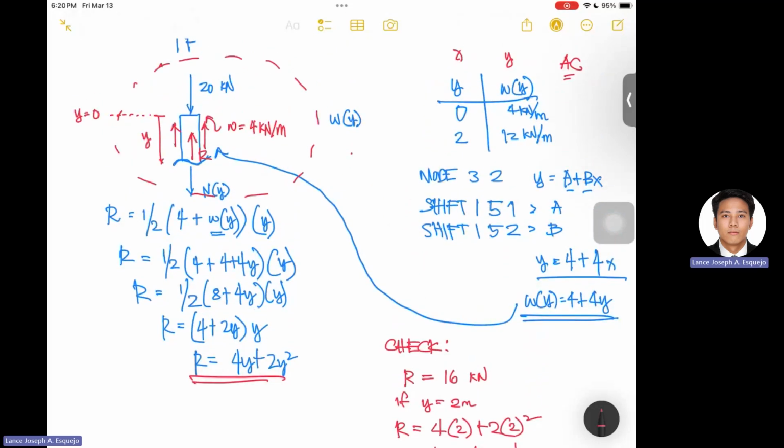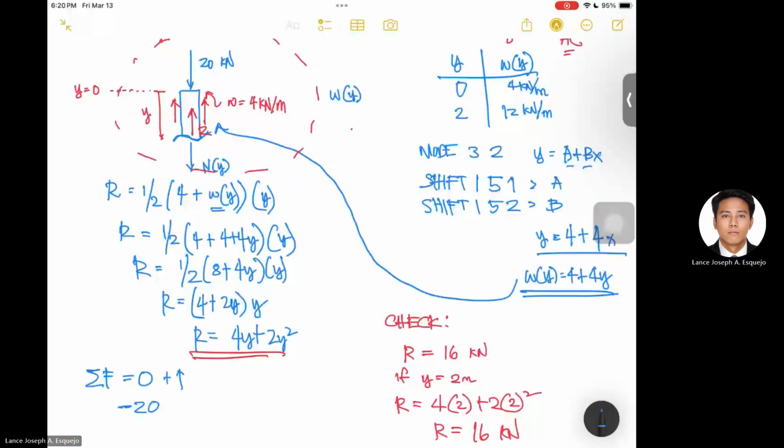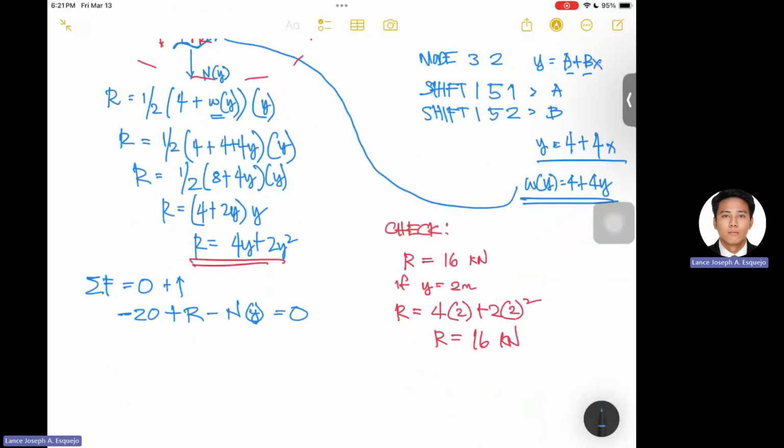So now, going back here, we can now get or take a summation of forces. So we have minus 20 plus r, and then minus the normal force in terms of y equals 0. Since we now have the value of r, substituting the value, we have minus 20 plus 4y plus 2y squared minus n of y is equal to 0.